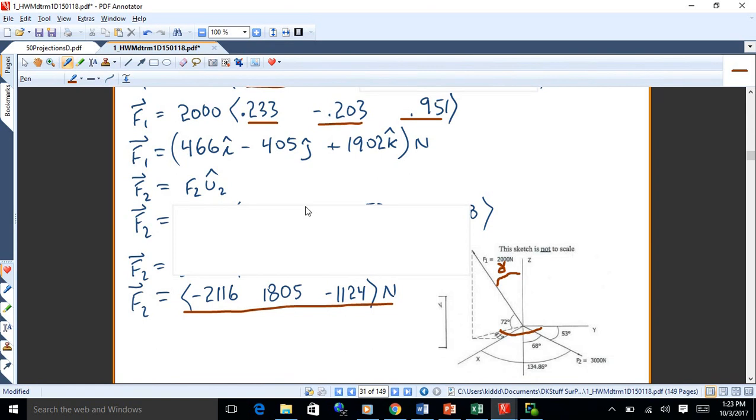72. How much more to make it normal? Yeah, exactly. So the whole angle should be 90 degrees, but 72 is extending past the y-axis. So 72 plus gamma should be larger than 90 degrees.